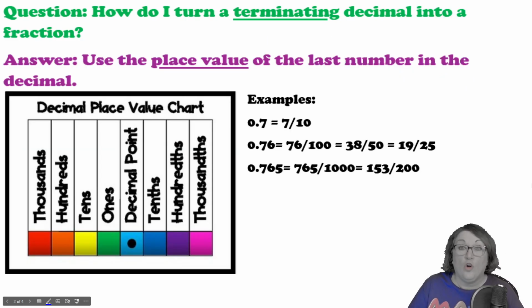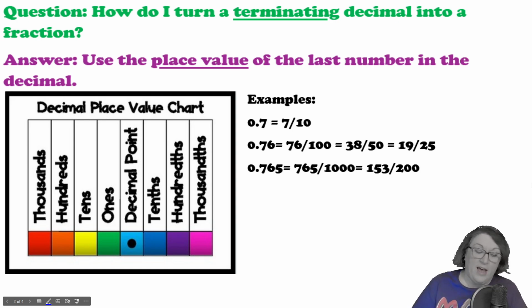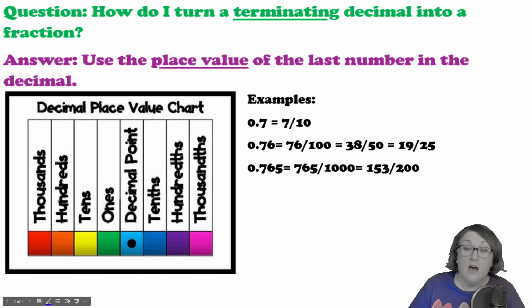Okay. Now let's go the other way around. How do I turn a terminating decimal back into a fraction? This is where place value comes into play, because you put a 1 in your denominator followed by the same number of zeros as digits in the decimal, based on the place value of where the decimal ends. Terminating decimals are decimals that end.